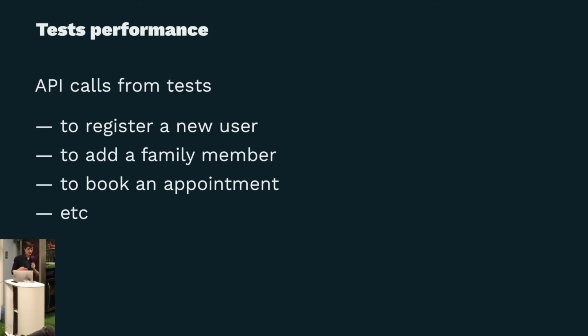So basically the test starts by making a network API call to register a user with some password and email, and then it receives a successful response, and then it starts the app, goes to the login form, enters this password and email, and is logged in, instead of filling the whole registration form, which is much longer.